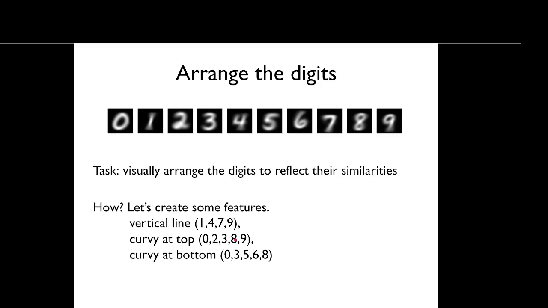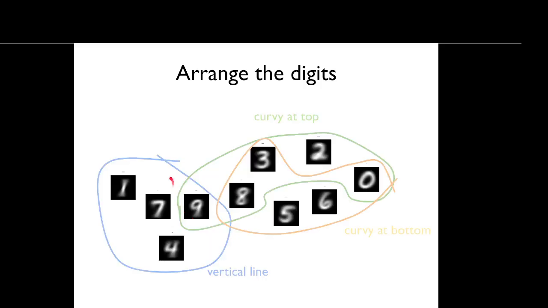So if we do that, we'll put the vertical lines into one group. Out of the ones on the vertical line, the 9 has a curve at the top, so it should be closer to the rest. The rest is all curvy, and curve at the top is here also at the top, curve at the bottom is here at the bottom, and those that have both are somewhat in the middle.